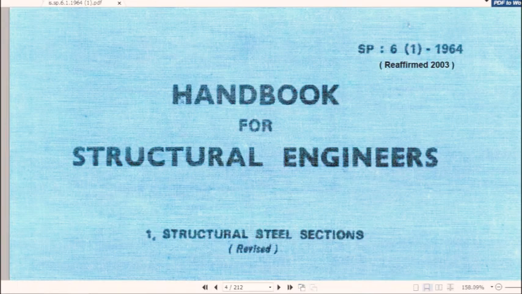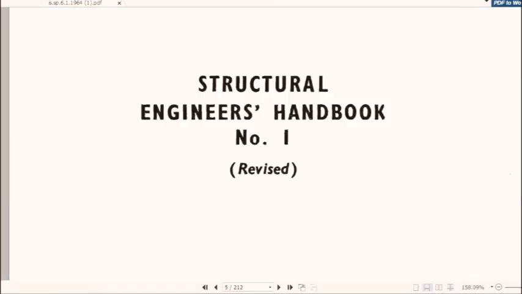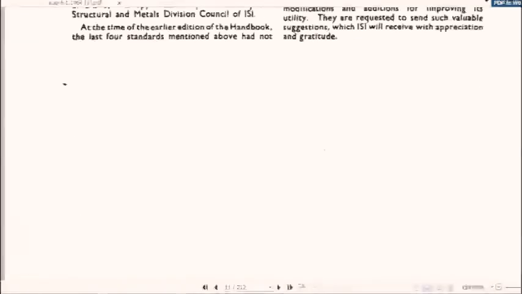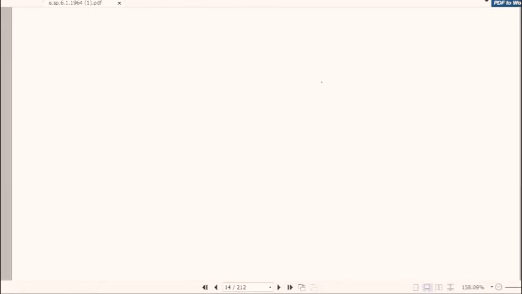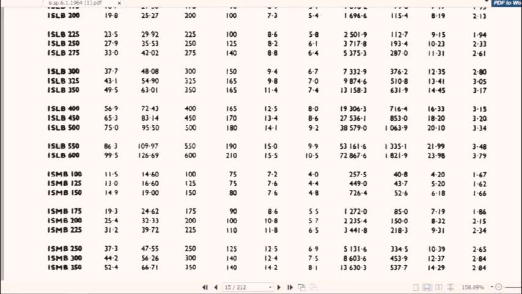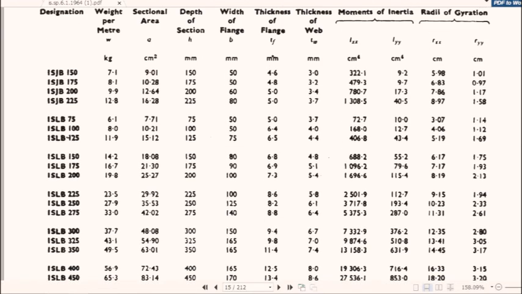So let me go for this section. I need the details of ISLB 550.